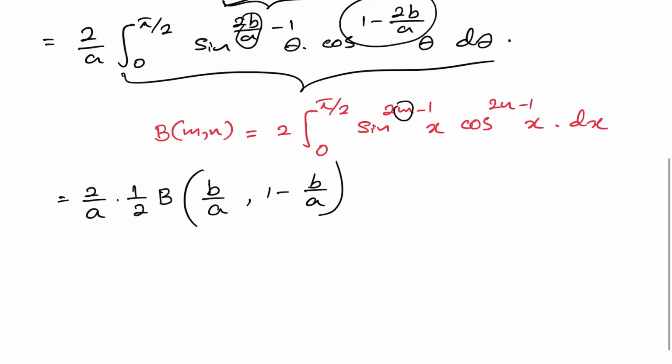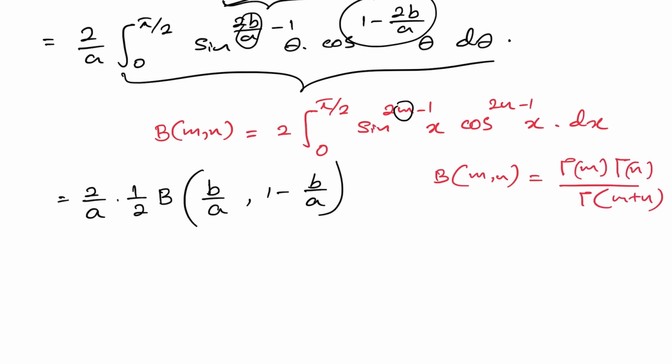Now we can represent the beta function by using the gamma function: beta of m, n is equal to gamma of m, gamma of n over gamma of m plus n.